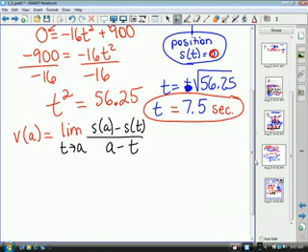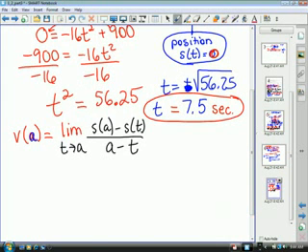Now what's a in this instance? What is it? Sure you do. Okay, so what time do we want to look at? Well, at the starting time, it was 0 because he was just up on the top of the cliff, right?